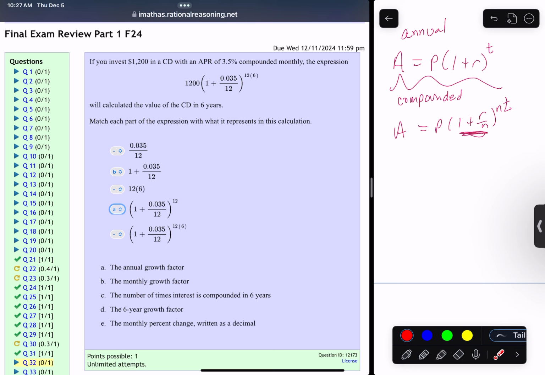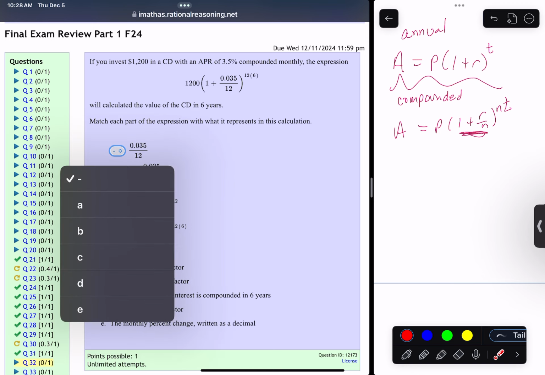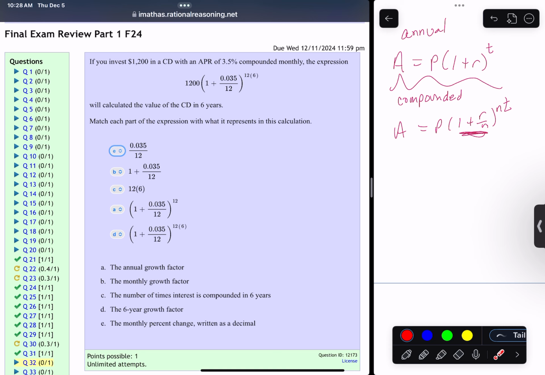So this one is D. 12 times 6, that's the number of times we get interest in 6 years. So this is C. And then the 0.035 divided by 12 is the monthly percentage change. That little r over n is the monthly percent change, as a decimal. So that is that one.